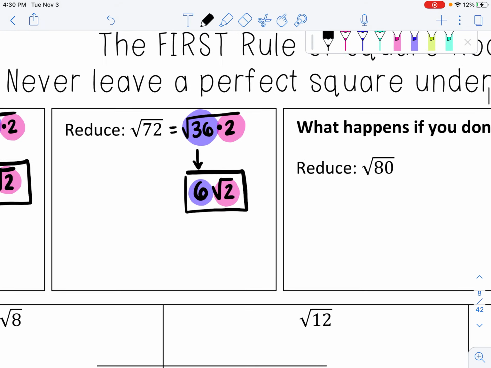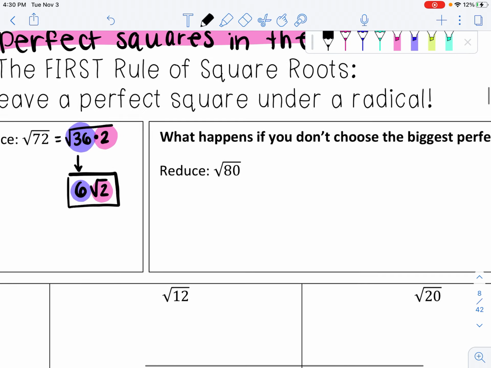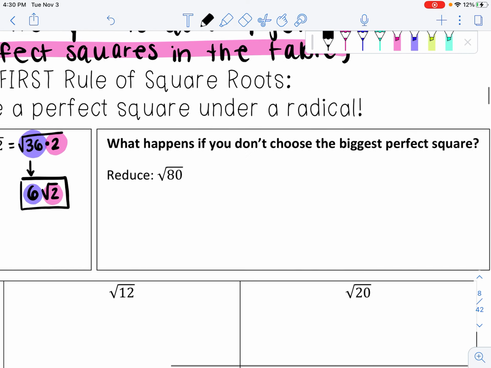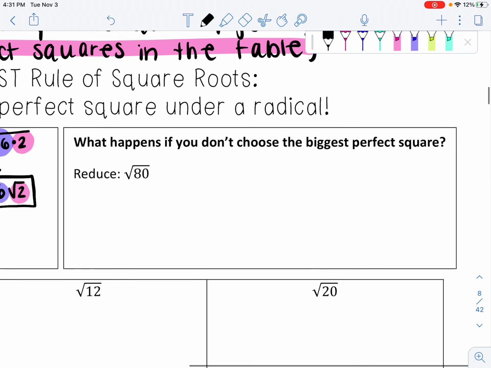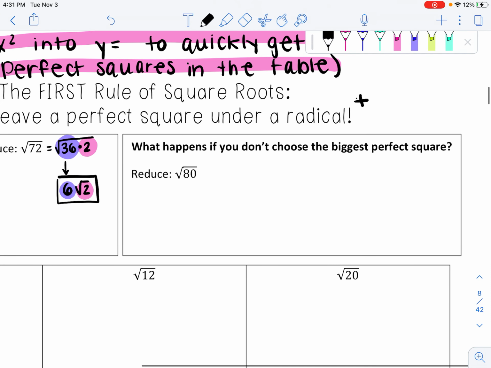Now, what a lot of people do when they are reducing is they find perfect squares that go into the number in question, but they don't actually pick the biggest perfect square. So a rule of thumb is you always want to pick the biggest perfect square.